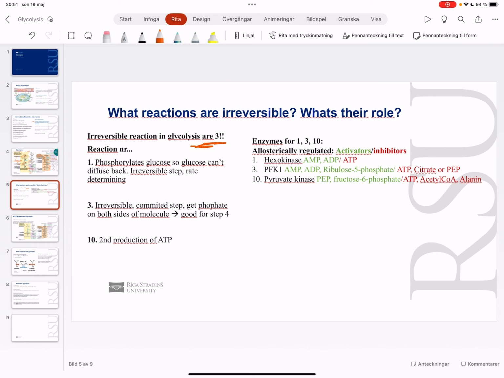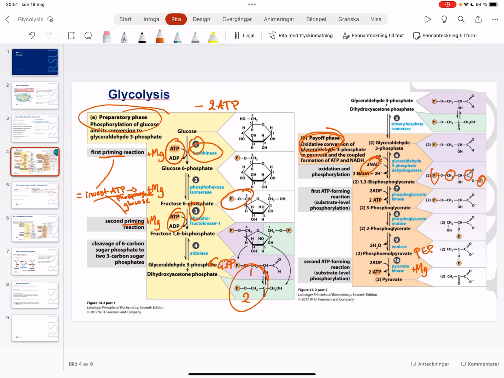Irreversible step and rate determining. Step number 3, irreversible committed step, gets phosphate on both sides of the molecule. It's good for step number 4 because we can cleave the molecule and we can get similar molecules. And step number 10, which is the second production of ATP, is also irreversible. Oh yeah, I forgot to mention that enolase can be inhibited by fluorine.